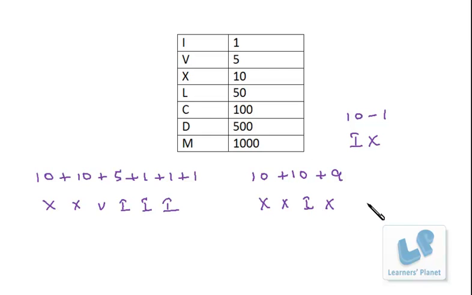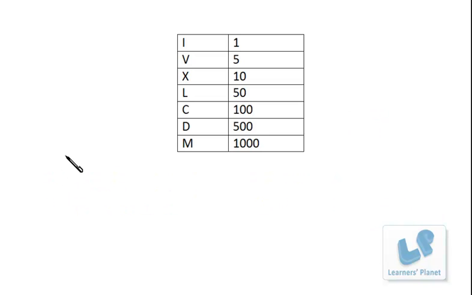And how do I write 30? It's X, X, X. That is 10 plus 10 plus 10. Okay, isn't it quite simple? Kids, I hope you might have learned how to write the numbers from 1 to 30 in the Roman number system.